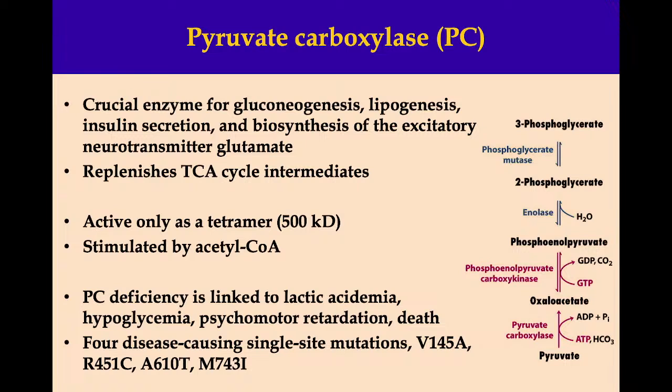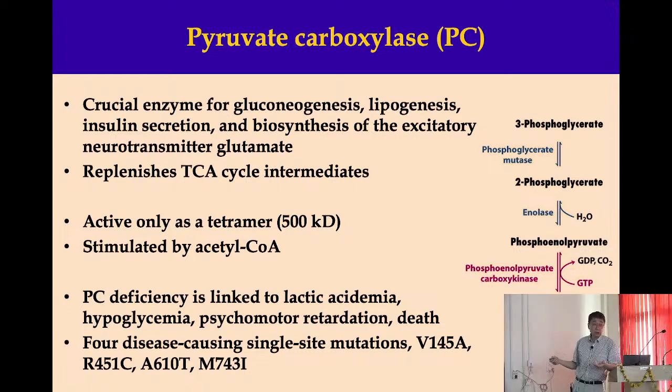It's stimulated by acetyl-CoA. And as I mentioned earlier, PC deficiency is linked to diseases. Children born with disease-causing mutations will have problems like lactic acidemia, hypoglycemia, all of these very serious problems with PC deficiency.